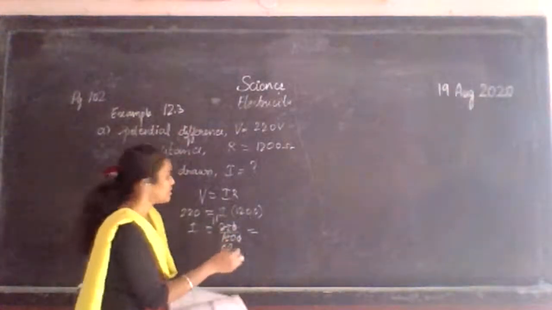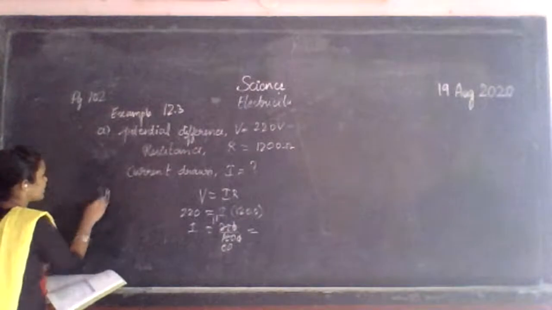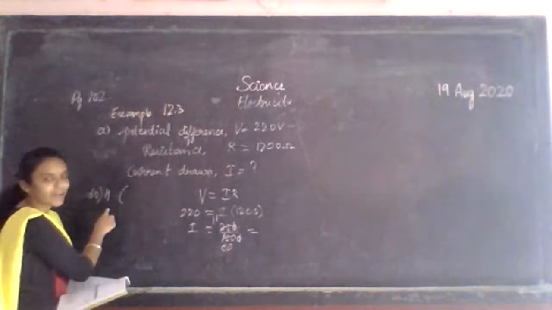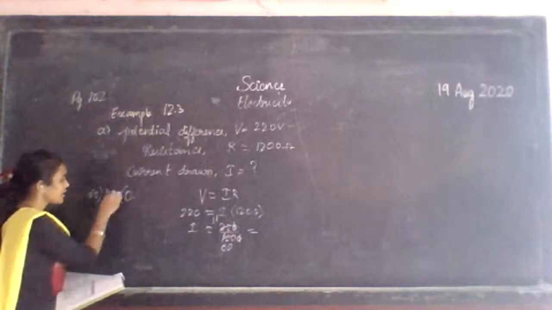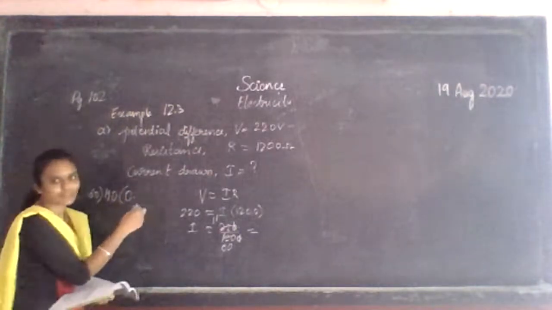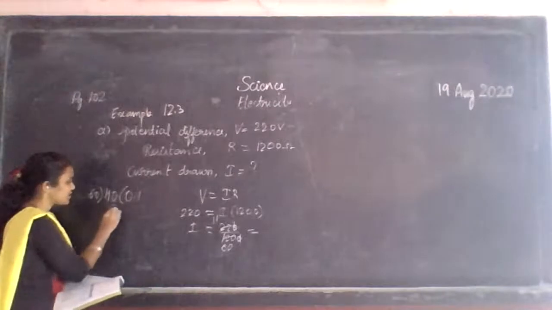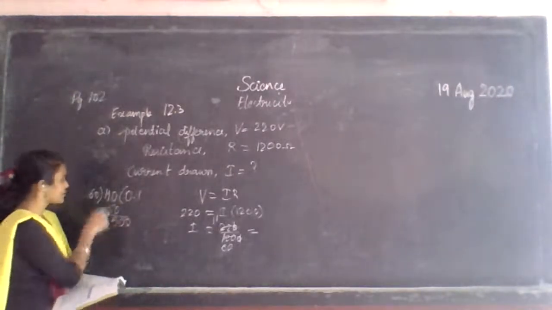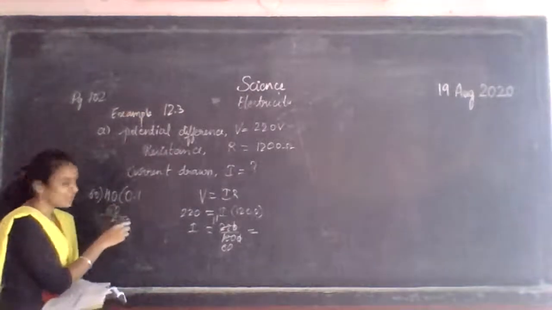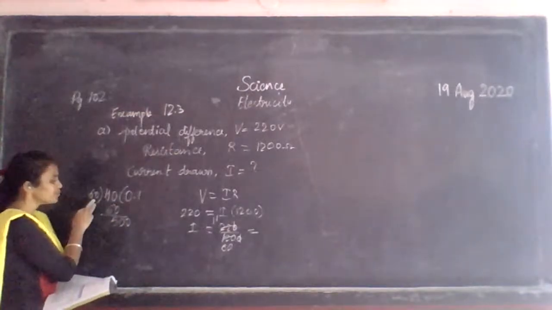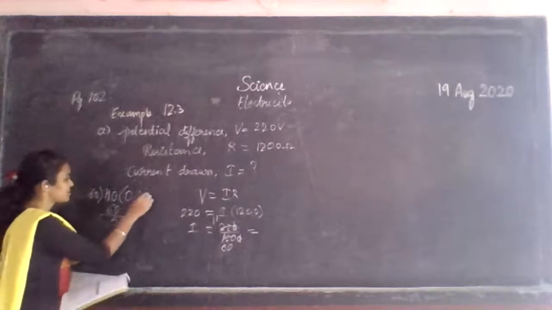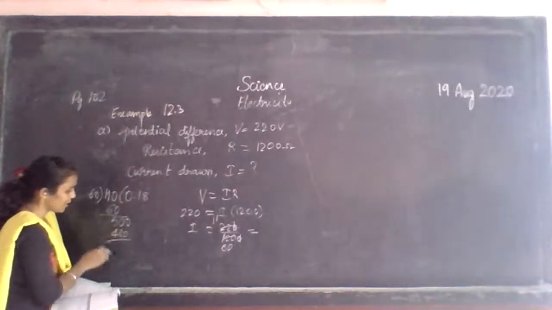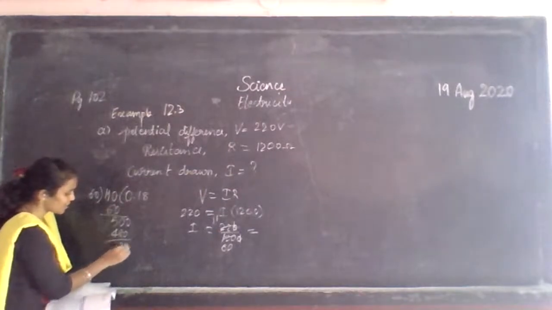Let me find out the value of 11 by 60. 11 is smaller than 60, therefore I cannot divide it. So I put a point and take a 0. 60 ones are 60, and the remainder is 50. Again I put a 0 because 50 is smaller than 60. 60 into 8 is 480, and the remainder is 20.